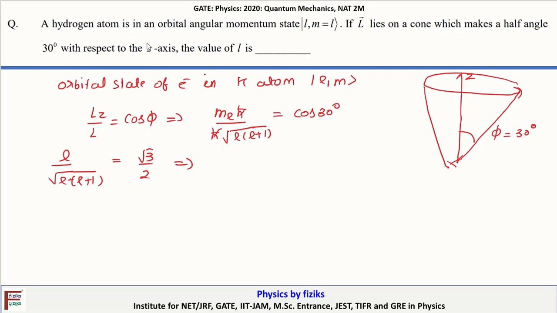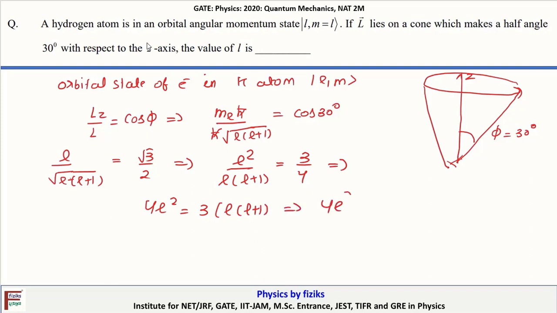Squaring the whole term, we have l square over l into l plus 1 equals 3 by 4, which implies 4l square equals 3 into l plus 1.